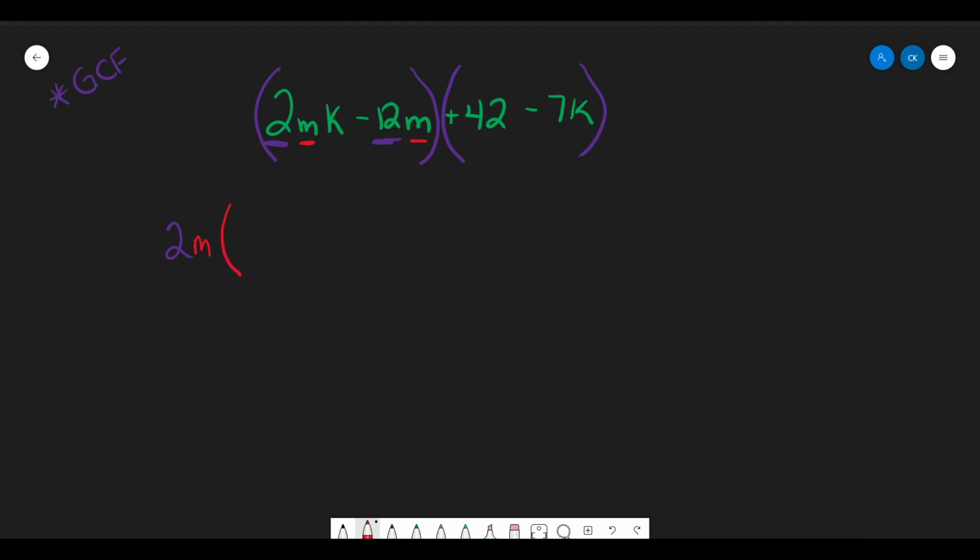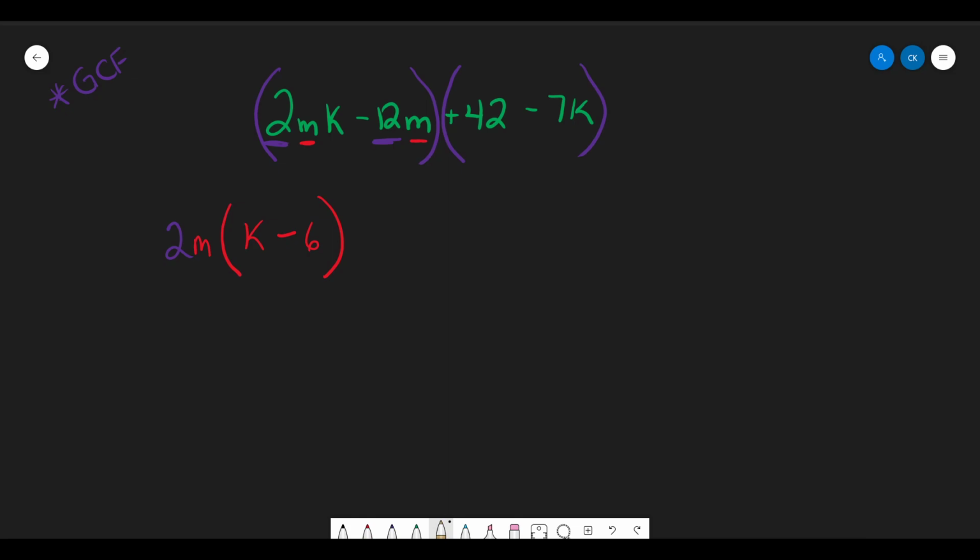Now I take each of my two terms and divide it by 2m. 2mk divided by 2m is going to give us just k. Minus, because it's a minus sign here, 12m divided by 2m, 12 divided by 2 gives me 6, m divided by m, they cancel out, so it's just k minus 6. So that's what I have for the first one.